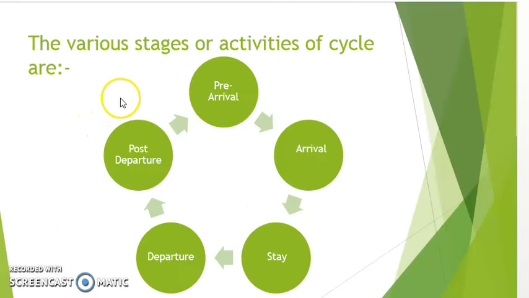Now let's talk about the various stages or activities of the cycle. The first is pre-arrival, arrival, stay, departure and post-departure. So these are the 5 stages which generally are followed all over the world in the hotel industry.